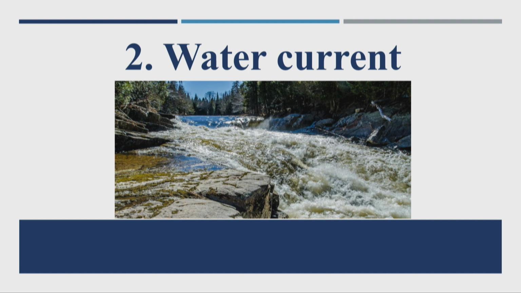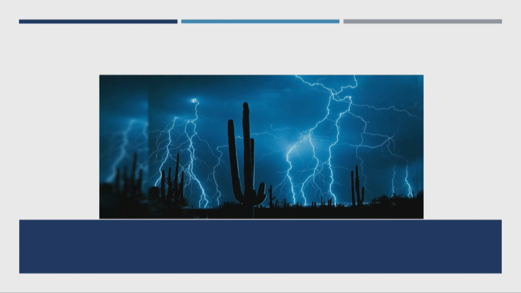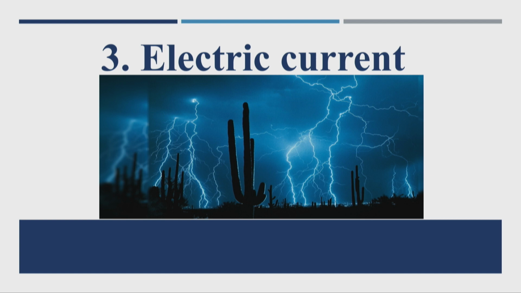The second example is water current, which we see in our rivers during heavy rainfall. A water current is due to the flow of water. Thirdly, and most importantly for our lesson, is electric current.